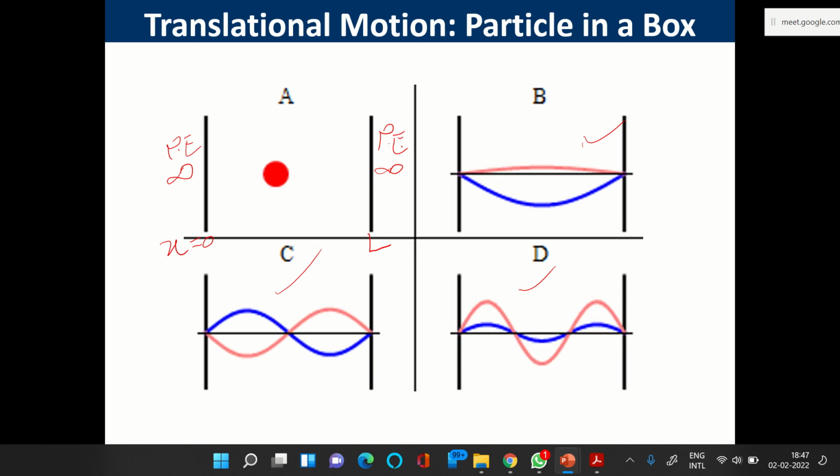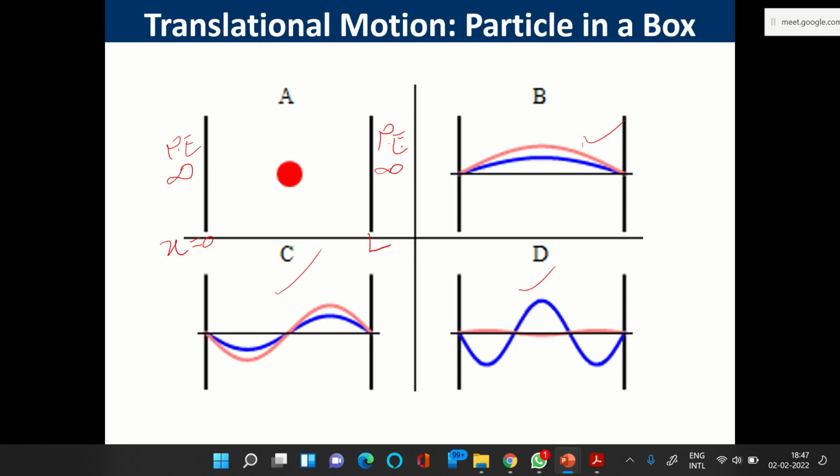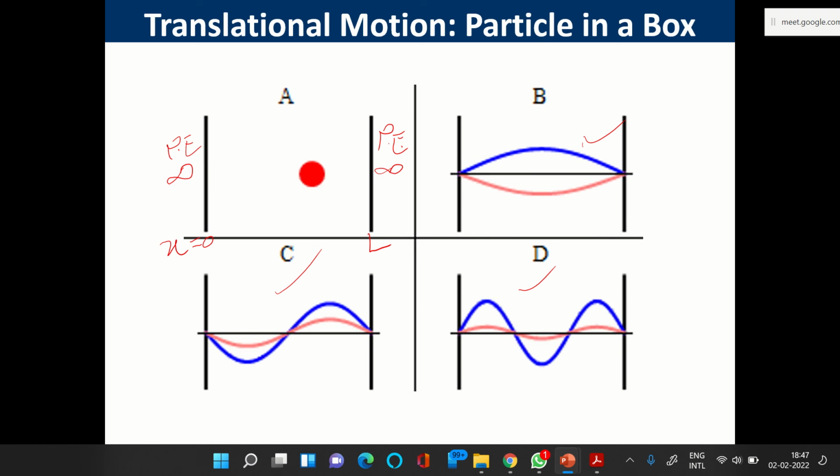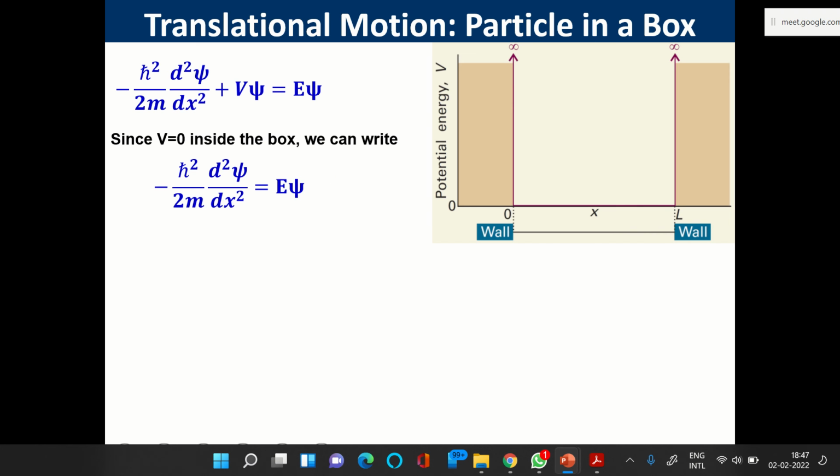We have not yet gone through it. This is just a pictorial view, just to make you interested in the topic, why we are doing it, how it is going to help us. So we started with this equation, the simplest form of the Schrodinger equation: the kinetic energy operator, potential energy operator, and then E psi.